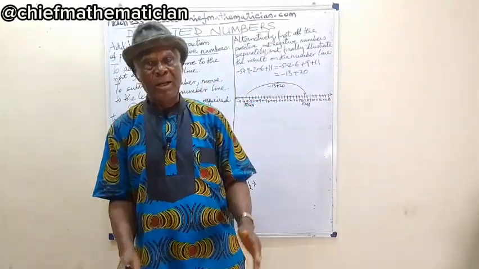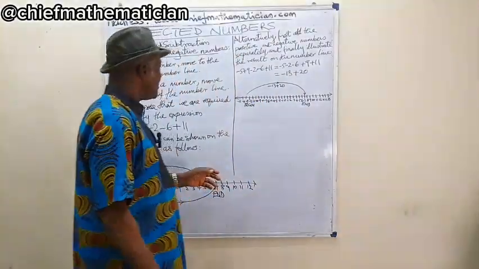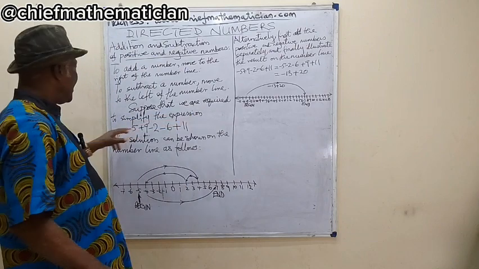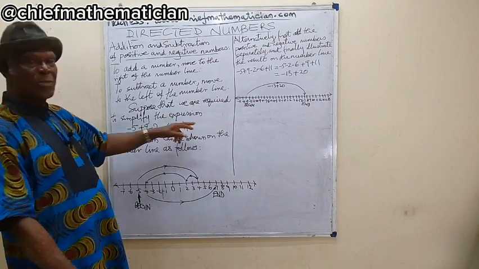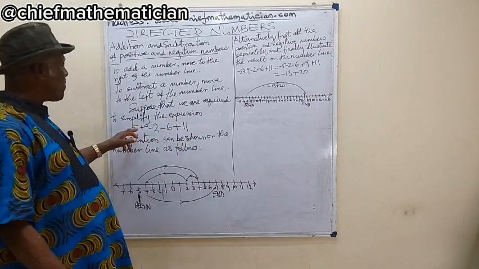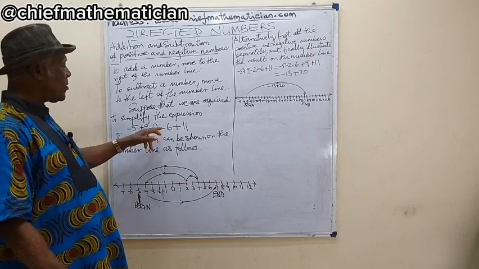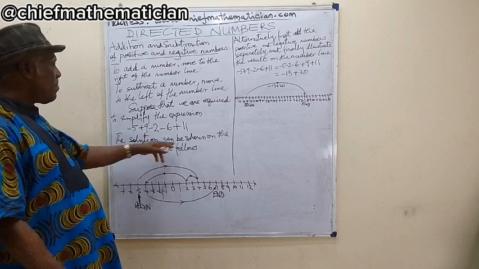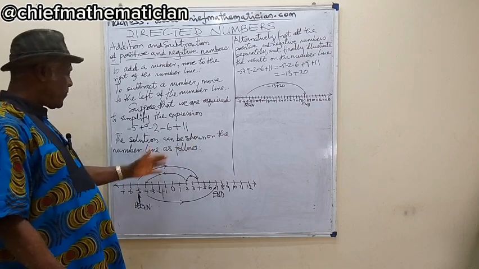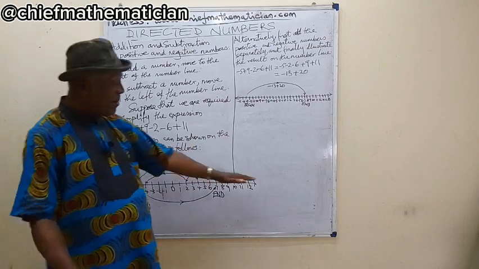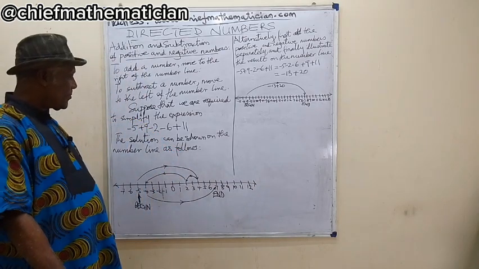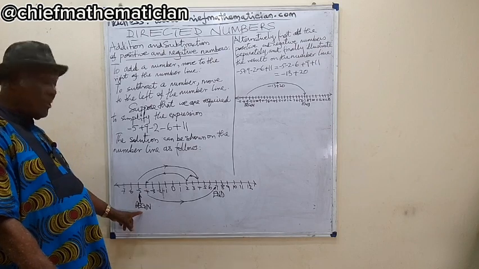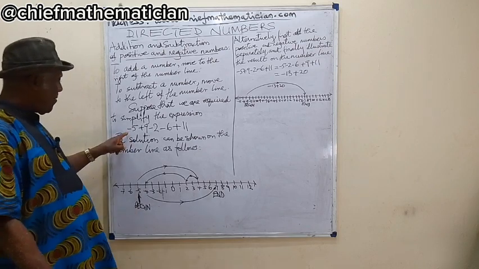We are going to illustrate this with this example. Now, suppose that we are required to simplify the expression minus 5 plus 9 minus 2 minus 6 plus 11. The solution can be shown on the number line as follows. Now you draw the number line. And you begin this way. Minus 5.